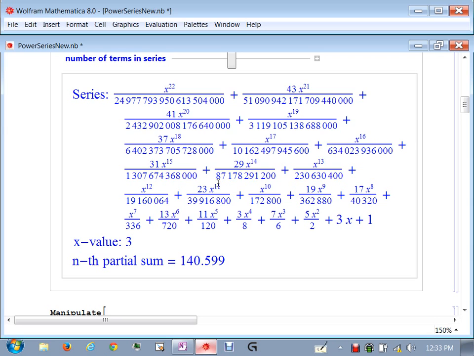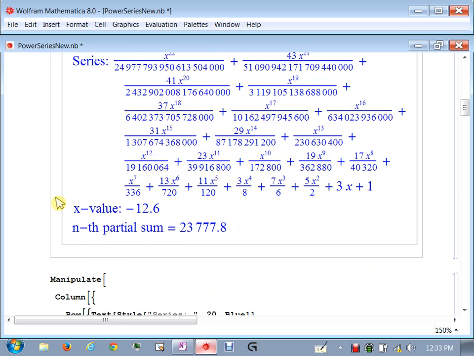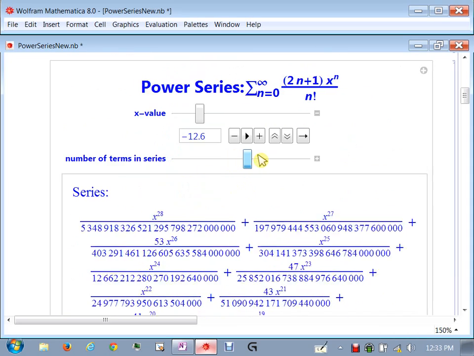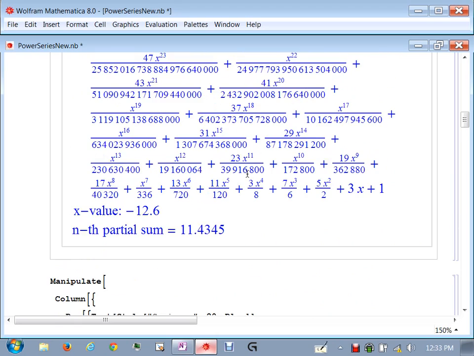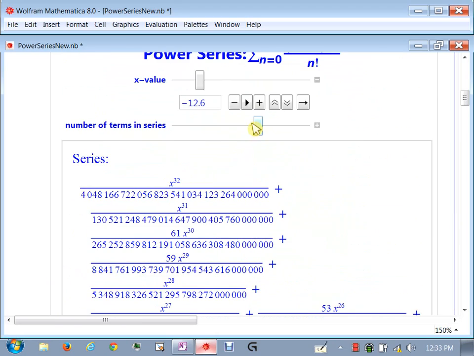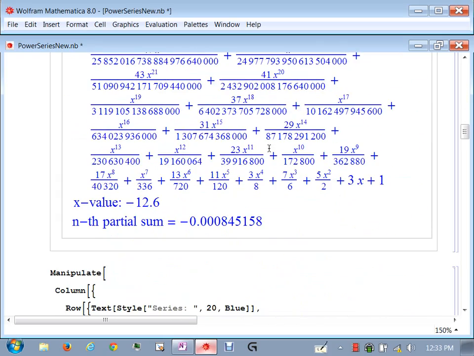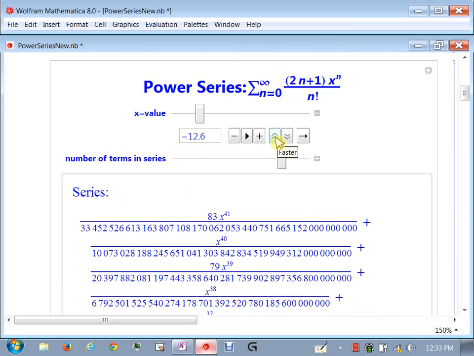Yes. No matter what my x value is, I'll just come in here and change the x value. Change it to negative 12. Look, if I change it to negative 12, now it's an alternating series, and it still is convergent. Look, 23,000. If I go out further, there it goes. Hold on, x negative 11. Uh-oh. That should converge. It's converging to something.